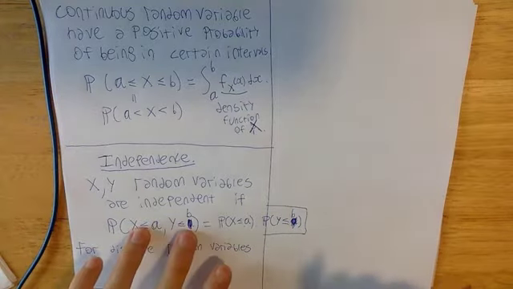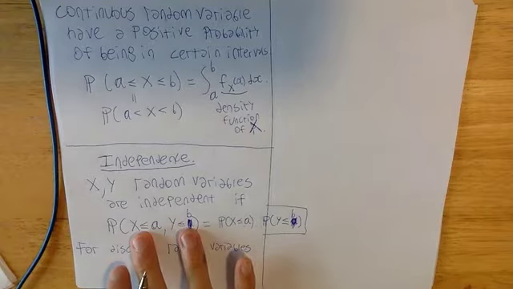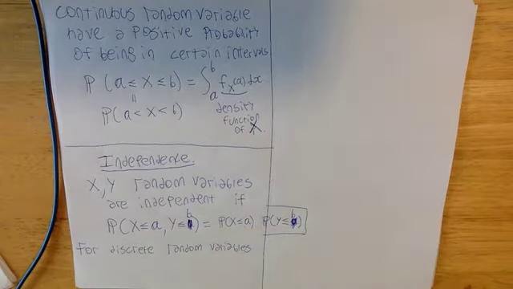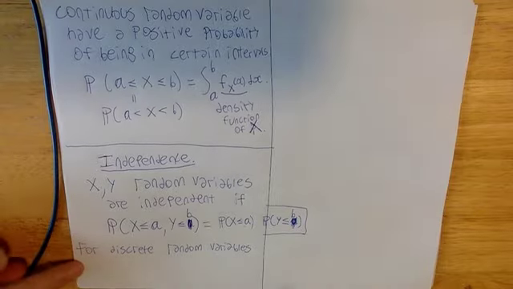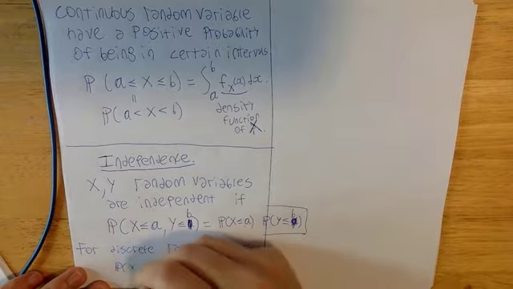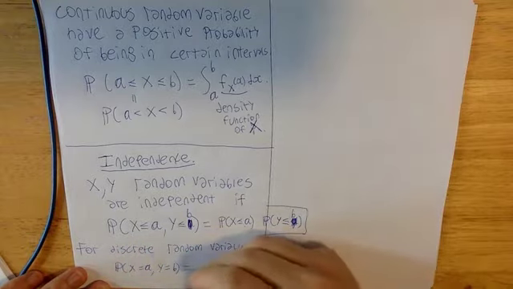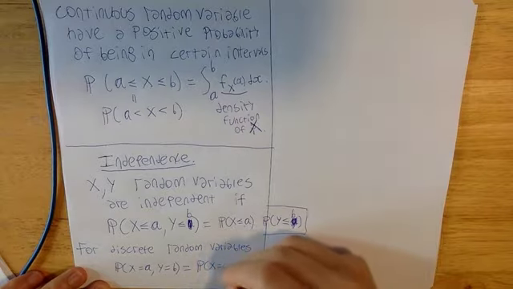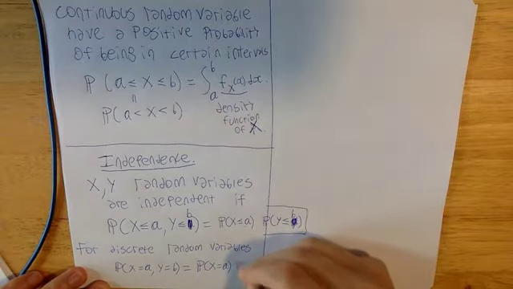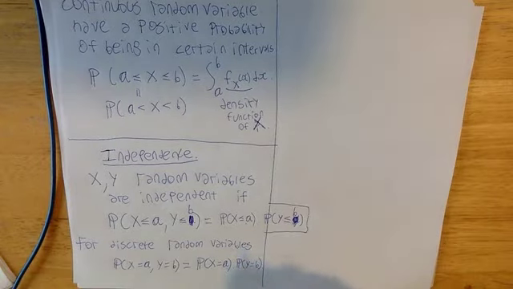This is true for any pair. For discrete random variables, we can actually say that the probability that X equals a intersection Y equals b is exactly equal to the probability that X equals a times the probability that Y equals b. But this is only for discrete random variables.